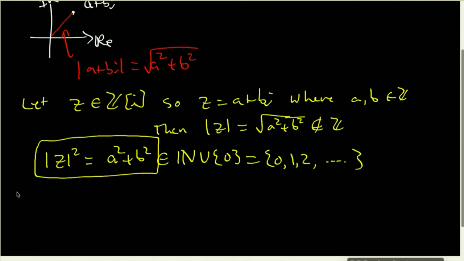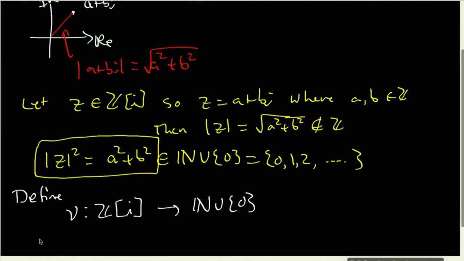So we are going to define nu going from the Gaussian integers to the set of non-negative integers by nu of a plus bi will be a squared plus b squared.